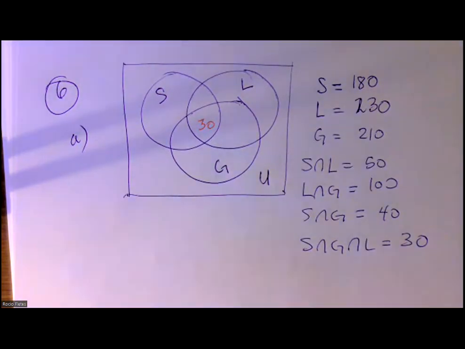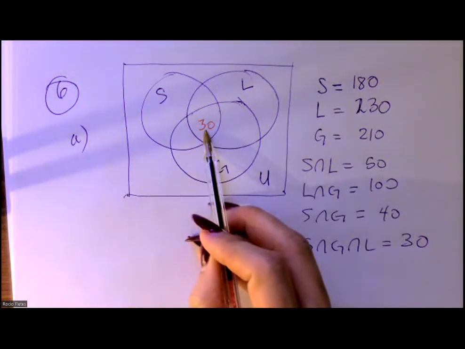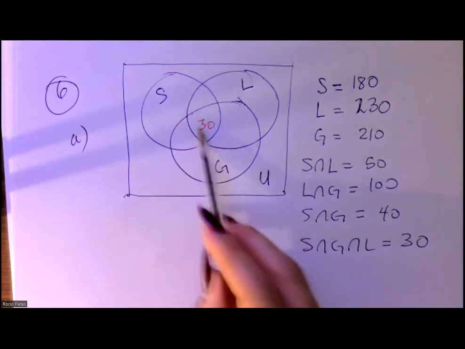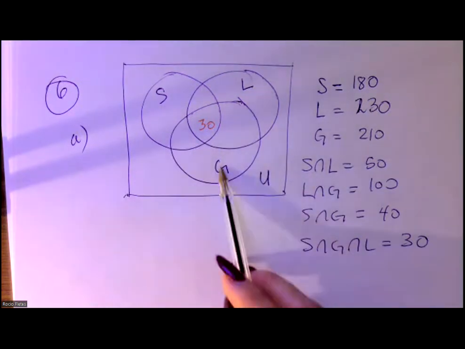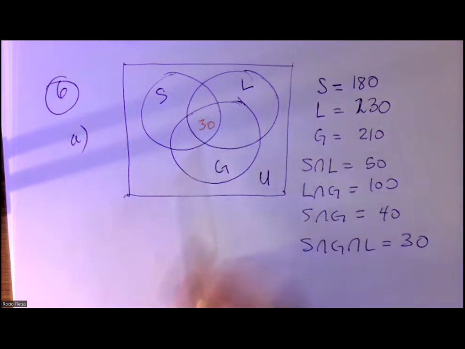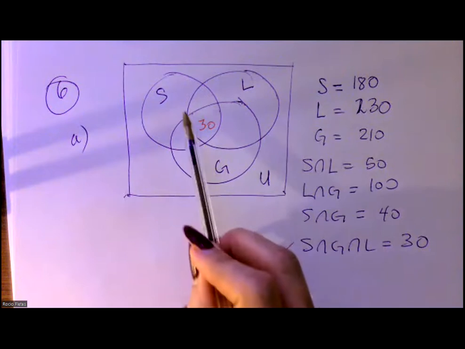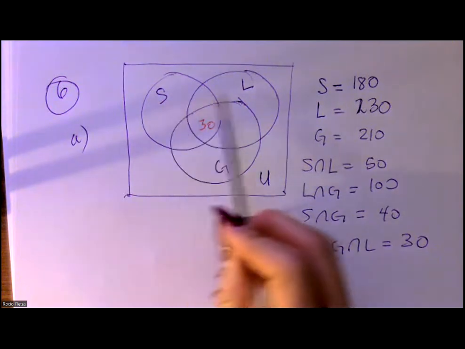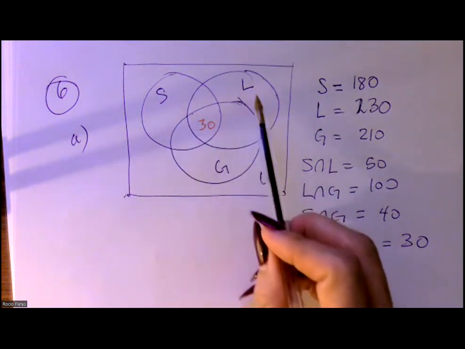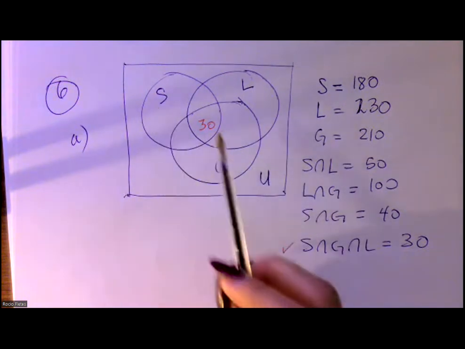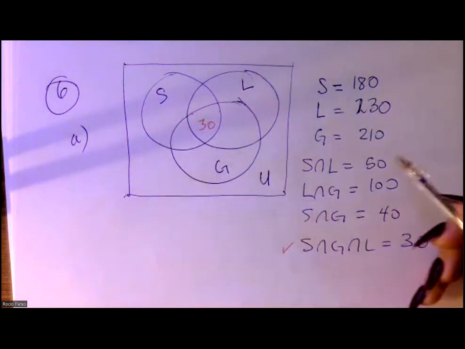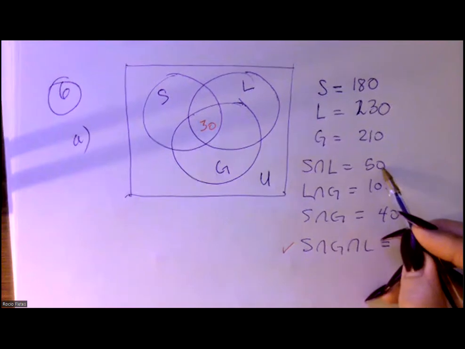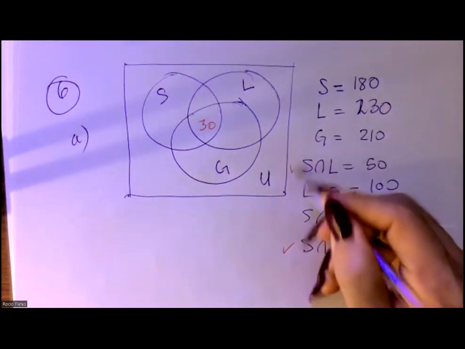Now, after you complete the center, you're going to focus on the areas that deal with the intersection of the individual sets, like S and L, L and G, and G and S. So S and L, if we look here, we have 50 people. So S and L is 50.